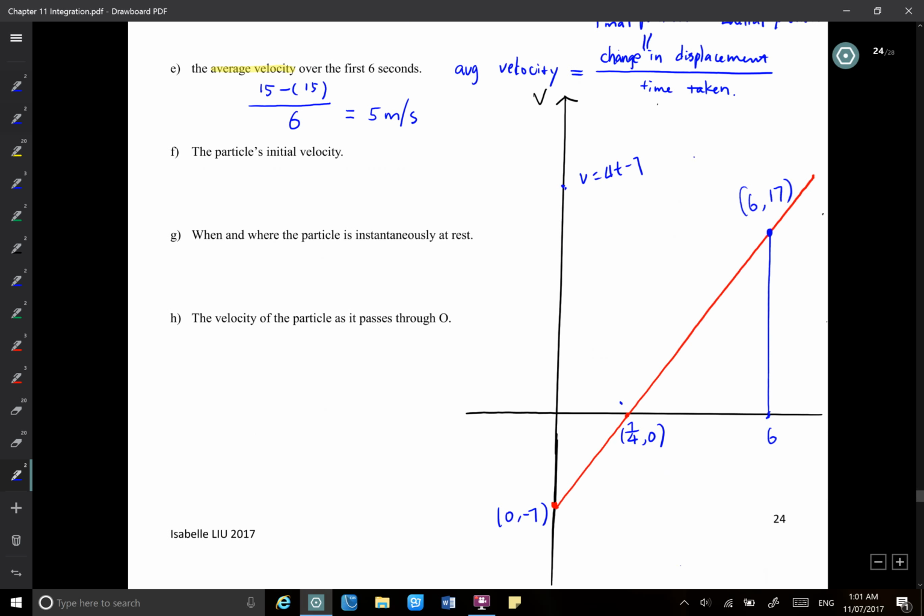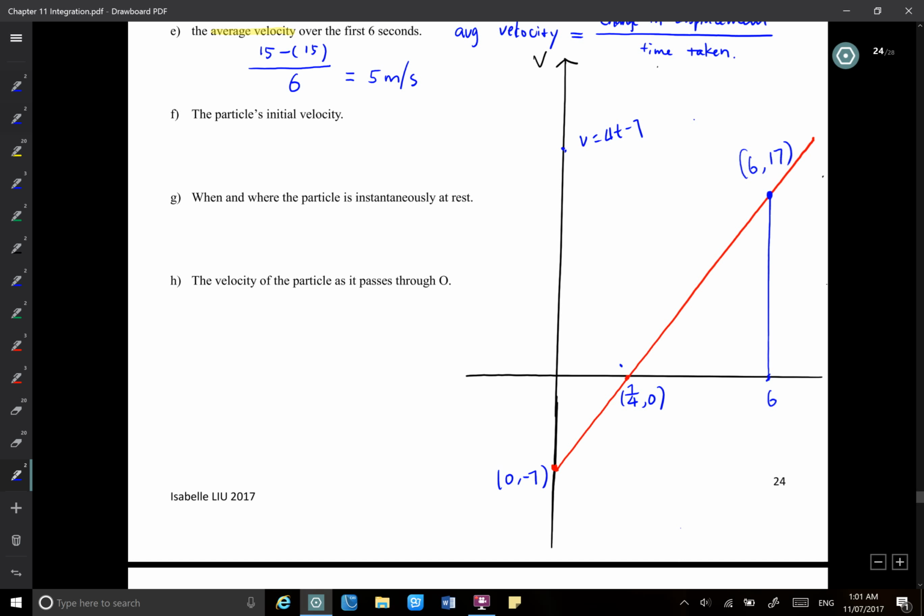Now this is a v-t graph. As we talked about before, we know the area can be total area or signed area on a graph. If I use this area to subtract this one, that will be the signed area. If I use this area plus this area, that will be the total area.